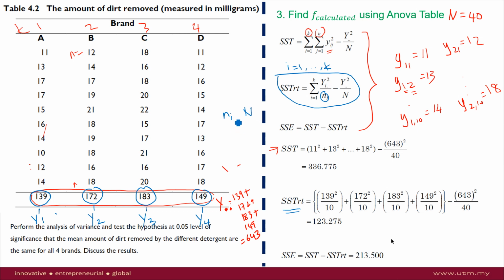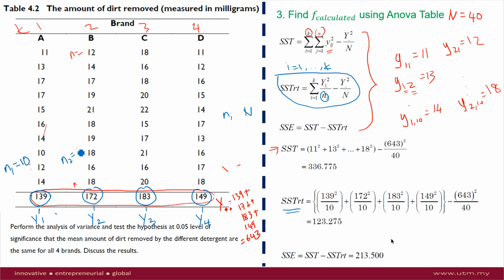So n is the number at every level, the small n, while the big N is the total number for all levels. So that means your n1 would be how many numbers do you have here? 1, 2 until 10, right? So your n, small n, for level 1 is 10.